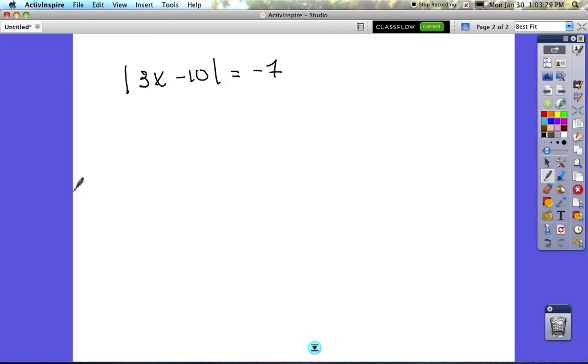Okay, Will, talk to me. So, you take the 3x minus 10 out of the bracket, and then you gotta get 3x by itself, so you add 10 to -7. And so that gives you 3x equals 3. And then you divide 3 from 3x, and it gives you x equals 1.